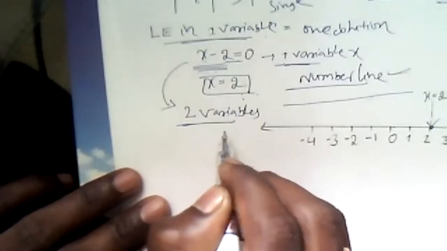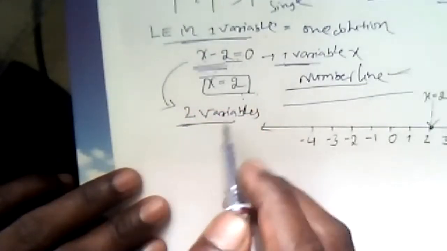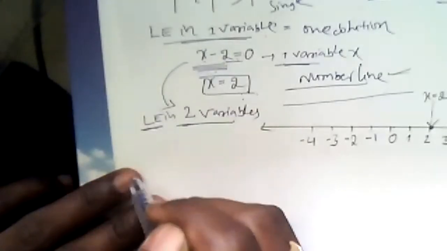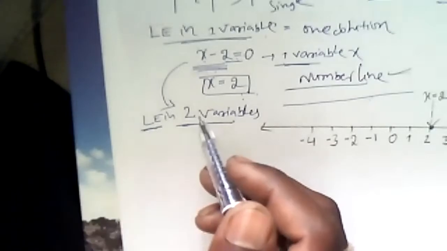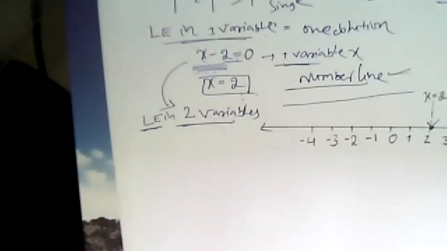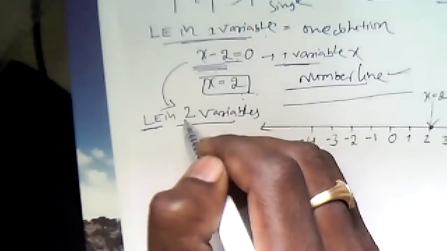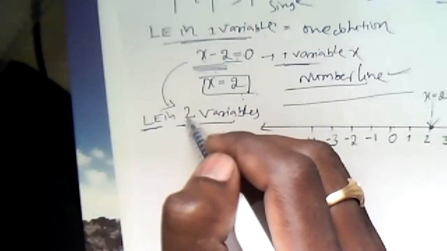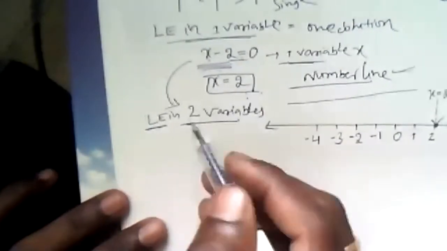How to convert this linear equation into a linear equation in two variables? Has anybody any idea? By adding y. What is the coefficient of y? 0. Yes, the y coefficient becomes 0.